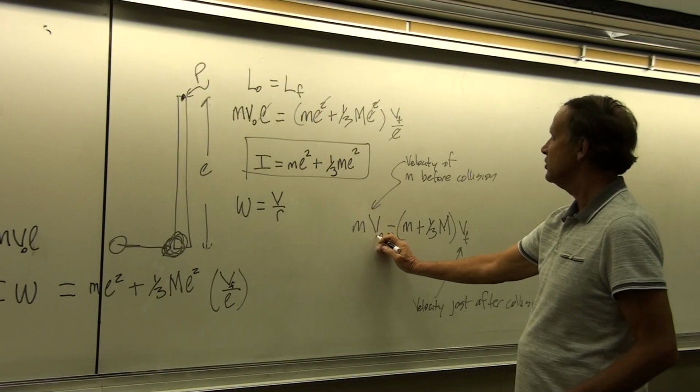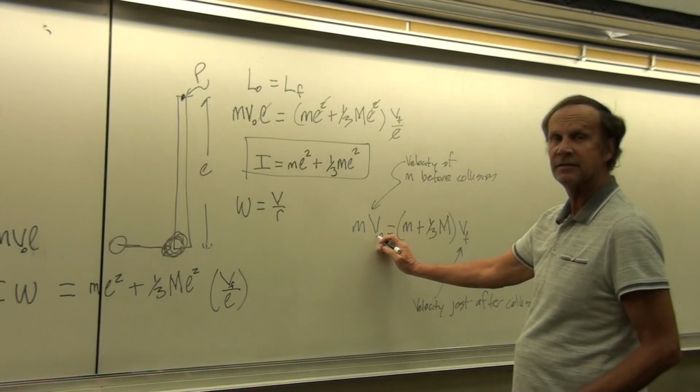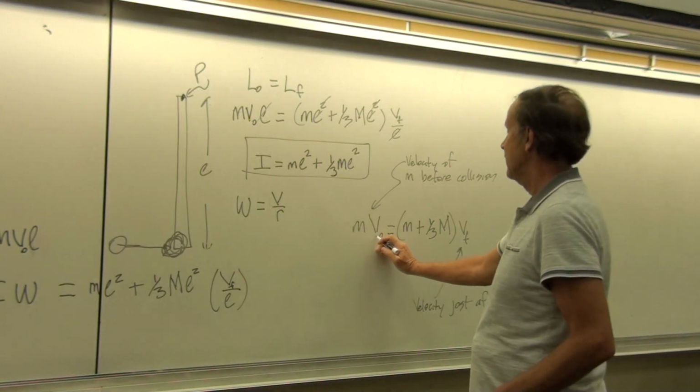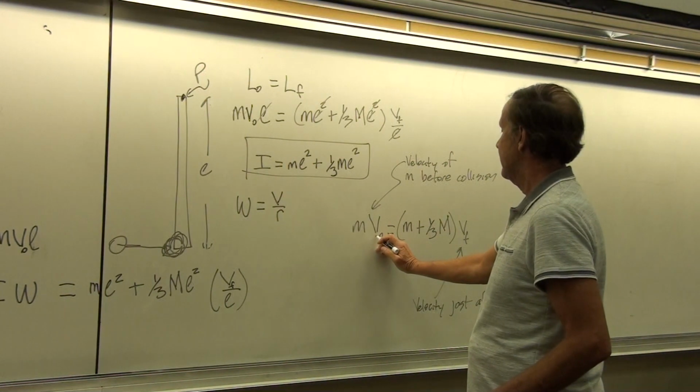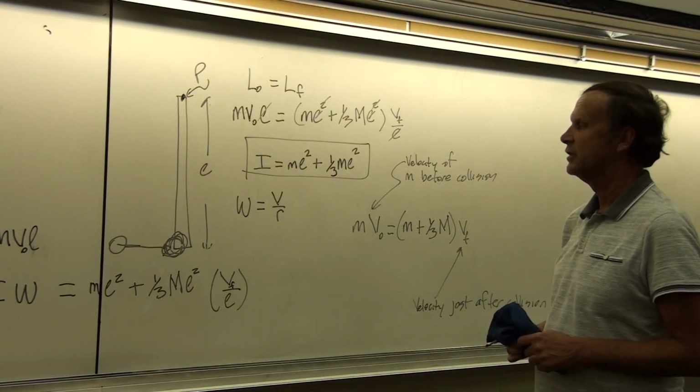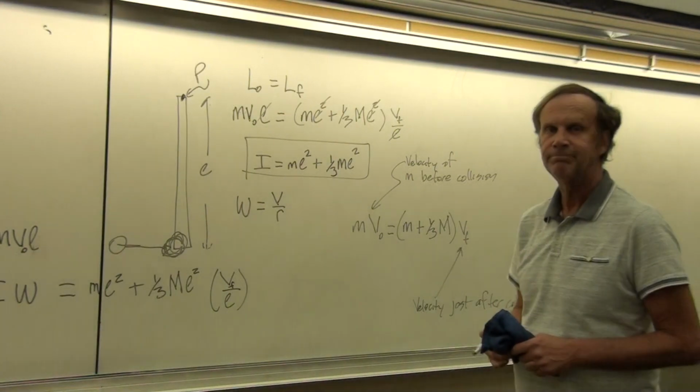From that, you should be able to get the initial velocity. That's what I ask you to do in that lab simulation. Hopefully this gives you the information that you need in order to do a good job with that.